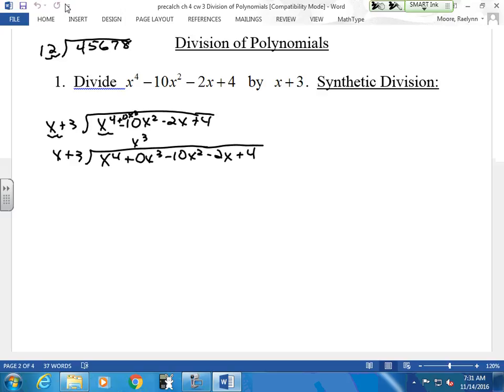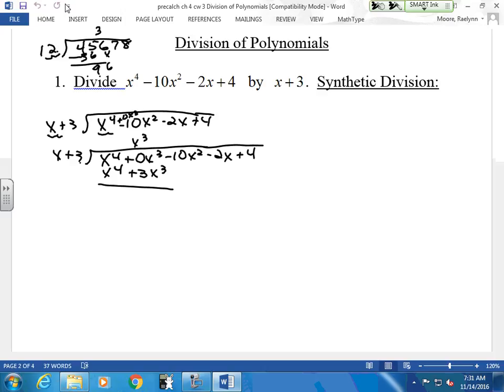Now, once you did this, you say, well, it doesn't go in 4, but it goes in 3. You multiply down, right? Long division. 3 times x cubed, 3x cubed. X cubed times x, x to the 4th. Now the next thing you did in your long division is subtract.